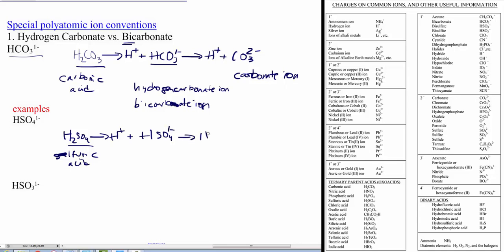So the ions derived from sulfuric acid should be the sulfate ion, or the intermediate species, the hydrogen sulfate ion. And that hydrogen sulfate ion, following the conventions we just discussed, as the intermediate ion product derived from the dissociation of our diprotic acid, would also be known as the bisulfate ion.